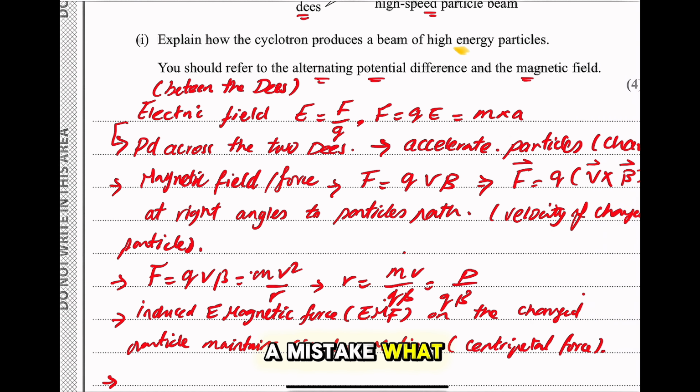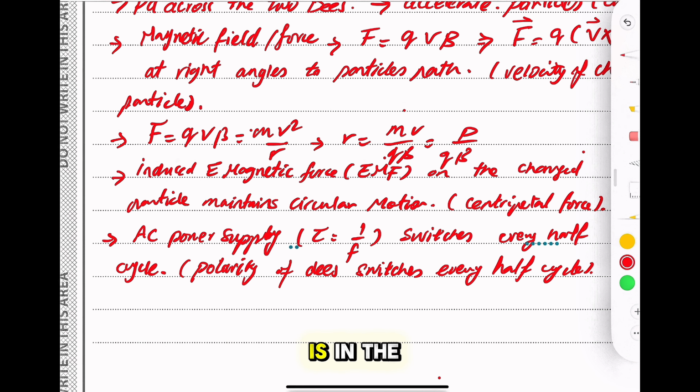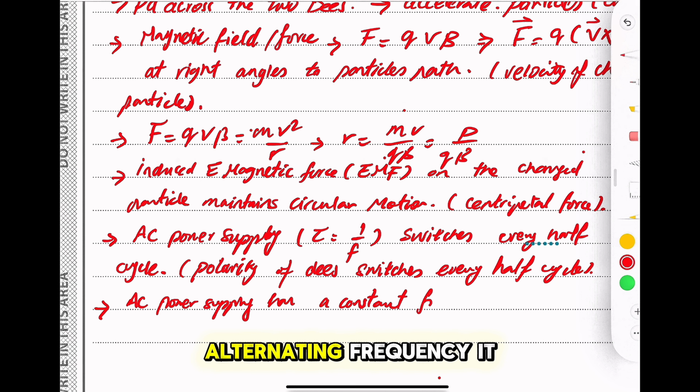To make it clearer, the polarity of the potential difference switches every half cycle, or the alternating potential difference polarity changes when the particles are in the D. Then the AC power supply has a constant alternating frequency.